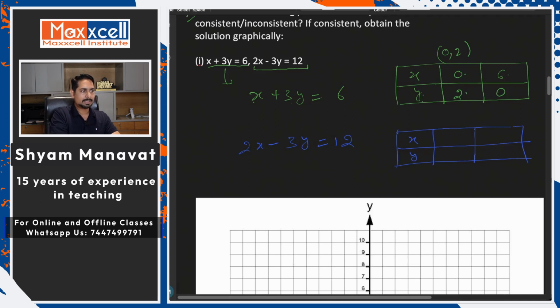If you substitute x is equal to 0, this term will become 0. So you have minus 3y, consider the term with sign, minus 3y equal to 12. So if minus 3y is equal to 12, y will be equal to what? Minus value, right? 12 by minus 3, that means minus 4.